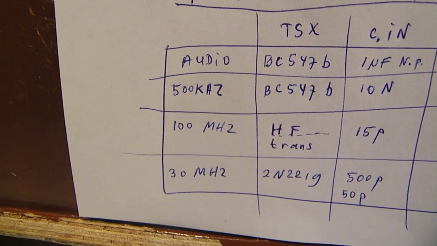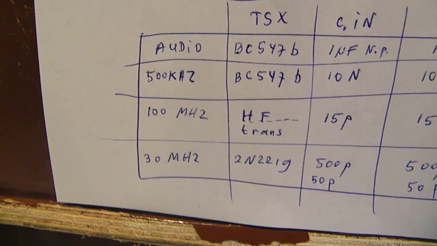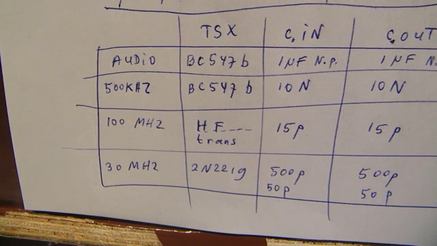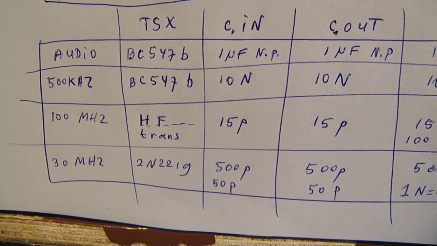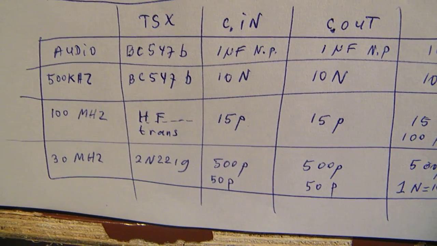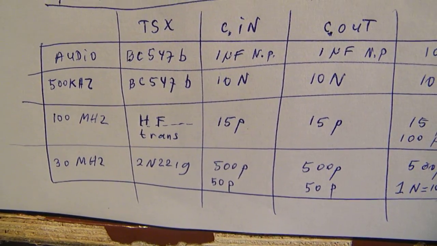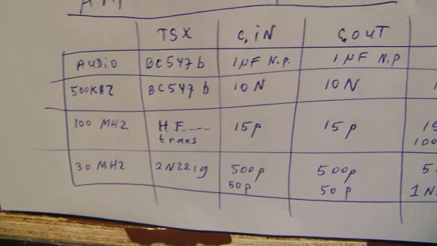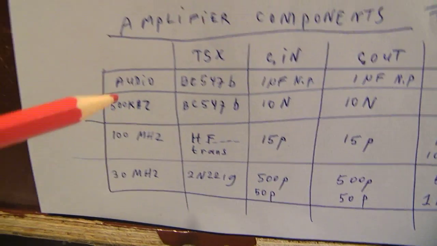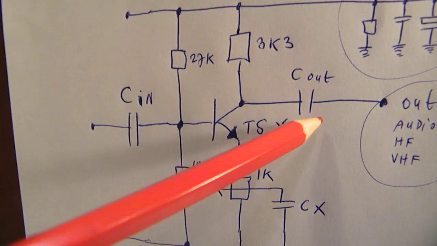For audio, a BC547B is a very good transistor. The input and the output caps can be between, say, 470 nanofarad and 1 microfarad, or 3 microfarad. I prefer always in audio circuits non-polar caps, here and here.